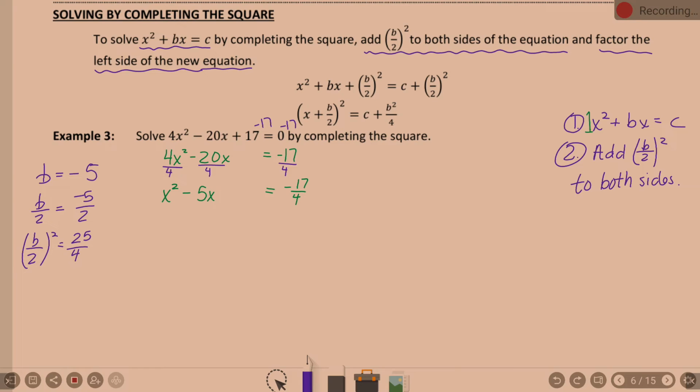What am I doing with this value? Adding it to both sides. So I'm going to say plus 25/4 here and plus 25/4 here. Really kind of glad I did not take that to a decimal.